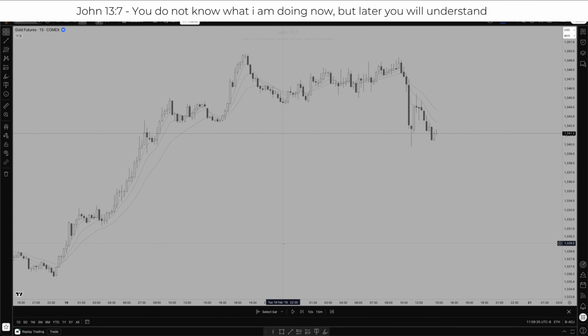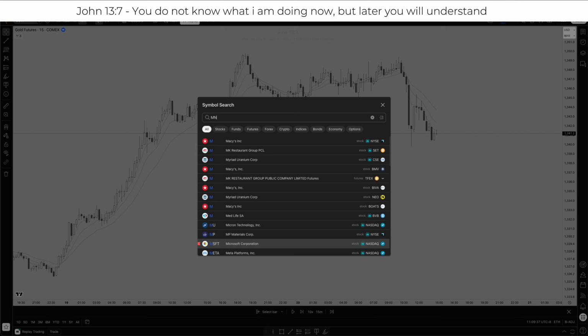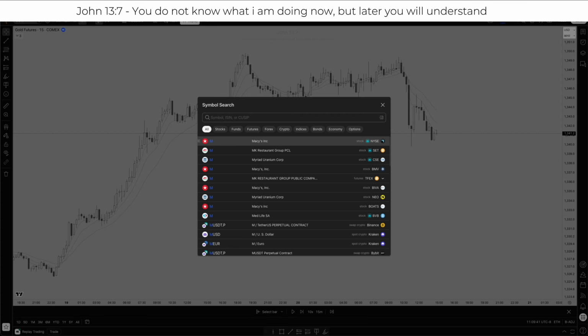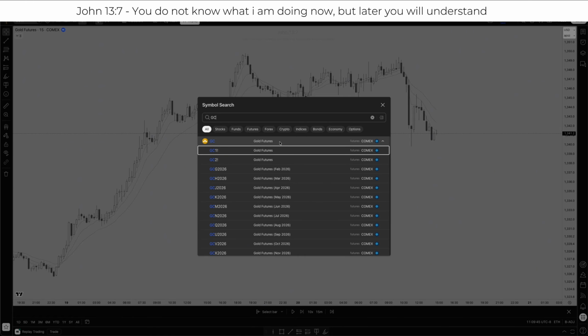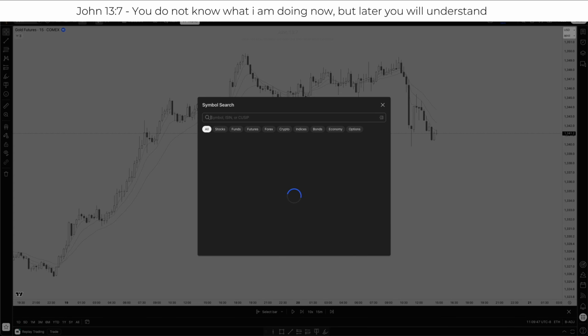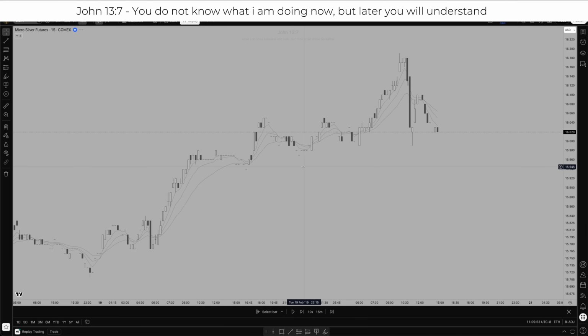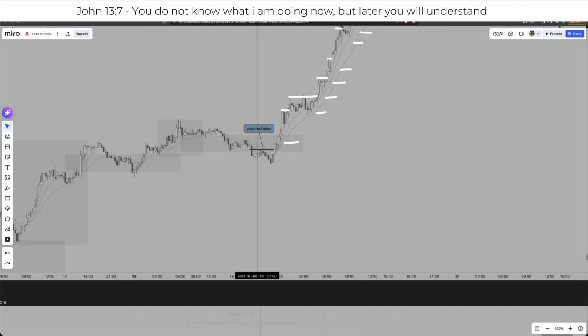Which one is this? Is this NQ? No. GC? I'm looking at that right now. Silver? No way it's not. This is also Comex, right?